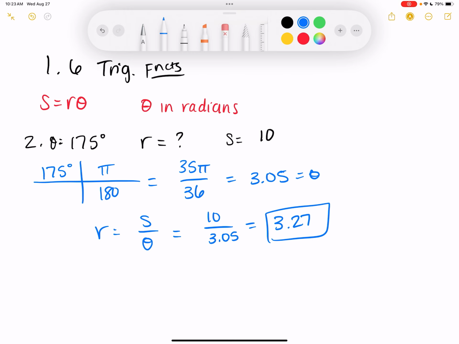There's not really anything in calculus that we directly use this for, but I would say probably 95% of the trig problems that we deal with in calculus are going to be in radians. So if they're not in radians, most of the time you need to convert them. With physics it's going to be opposite, because in physics everything's going to be in degrees.